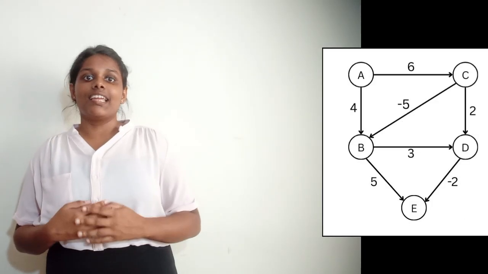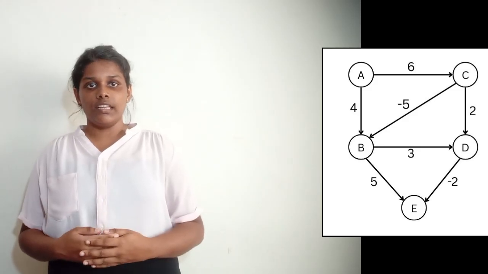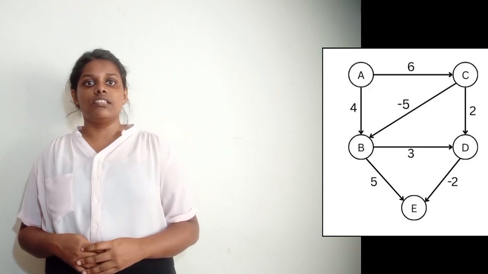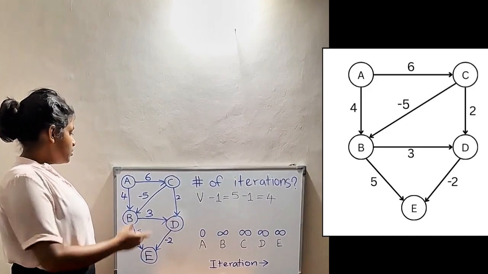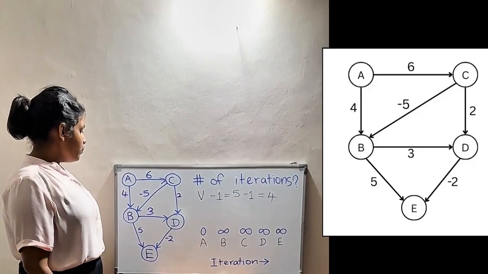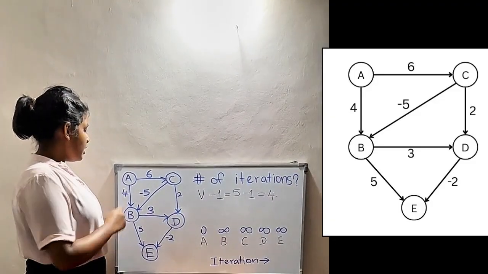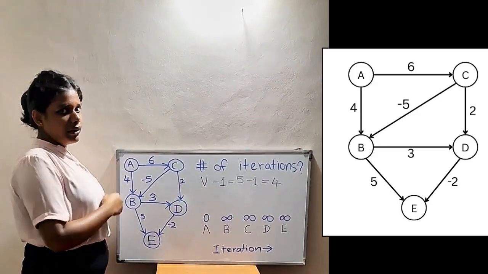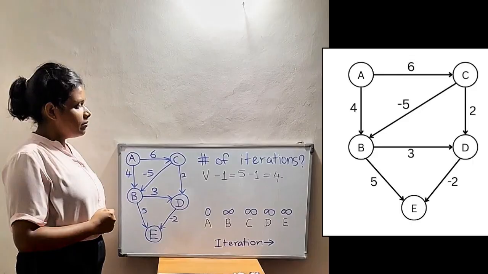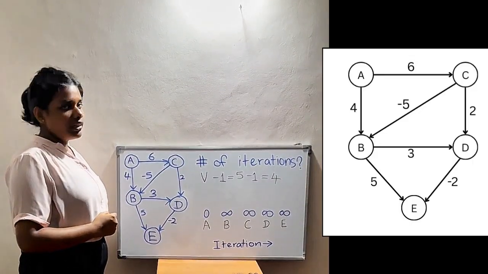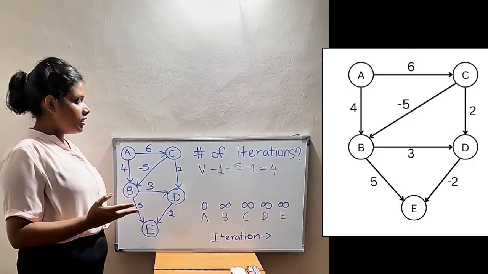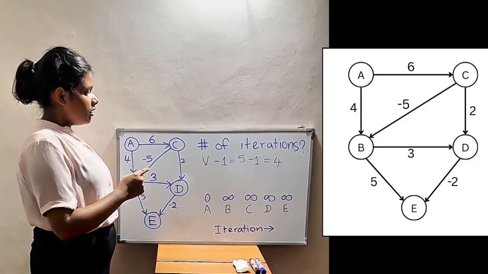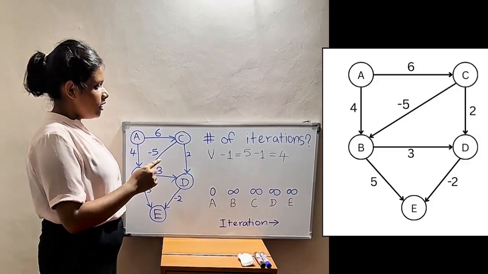Now let's take an example graph to see how the Bellman-Ford algorithm works in real time. On this directed weighted graph, as you can see, there are 5 vertices: A, B, C, D and E. Therefore, we can calculate the number of iterations as V, which means the vertices, minus 1.